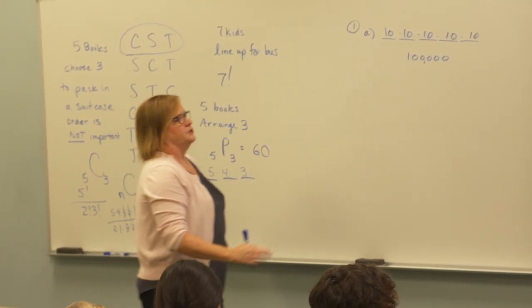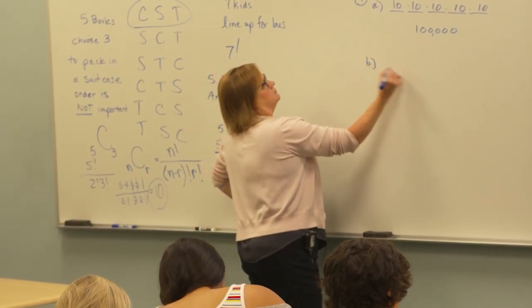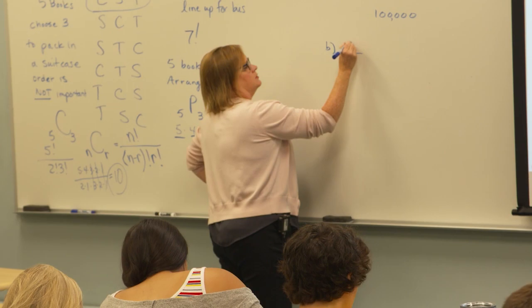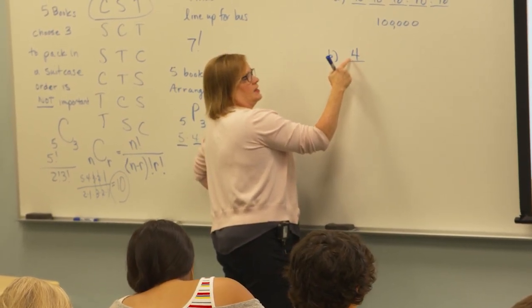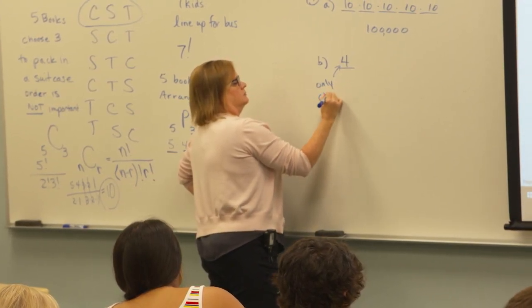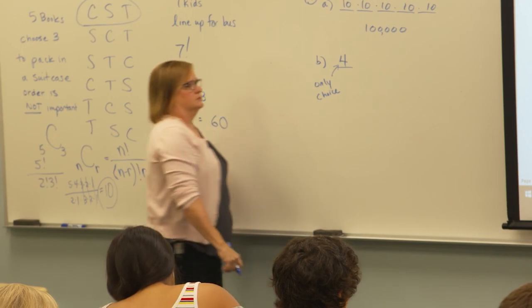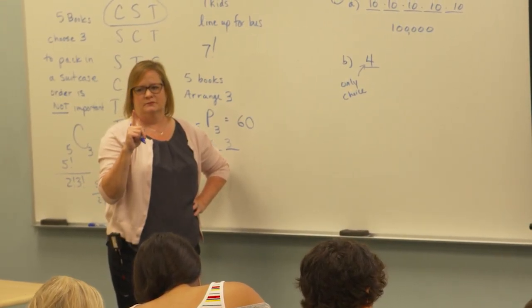Now, let's say the first digit has to be a 4. Okay, so here's my first spot, and it must be a 4. I'm not putting how many choices there are this time, I'm just saying that's my only choice. So if I was looking at how many choices I had there, it's 1.